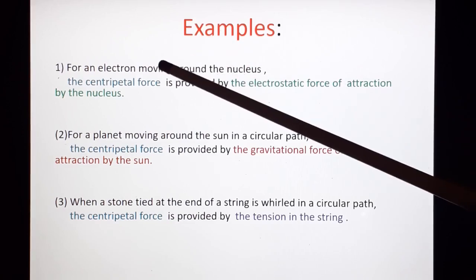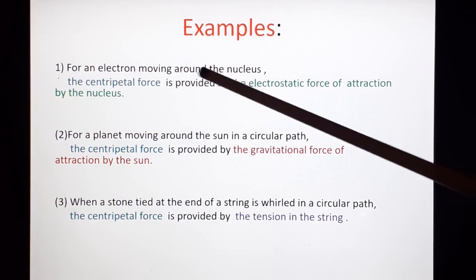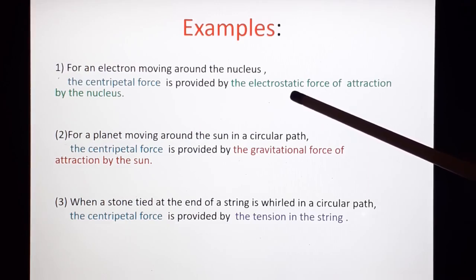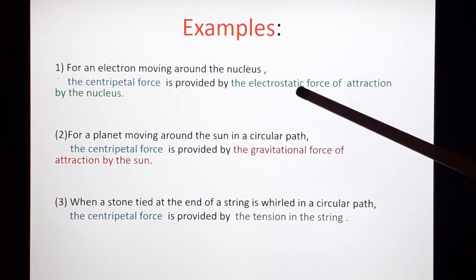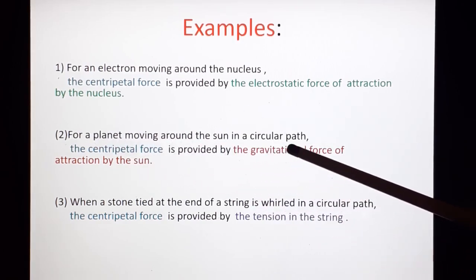Right? Now let's take certain examples. For an electron moving around the nucleus, which force is pulling the electron towards the center? That is the electrostatic force of attraction applied by the nucleus. So here, centripetal force is provided by the electrostatic force of attraction applied by the nucleus. Next, for a planet moving around the sun, which force is pulling the planet towards the center?